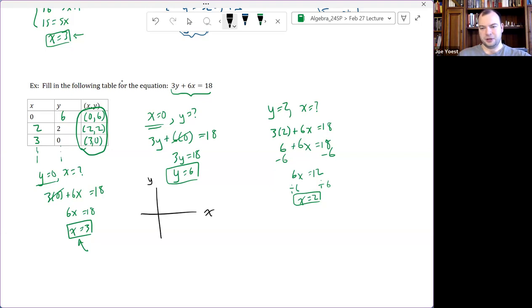Even if it's a fractional solution on the axis, that's pretty easy to find. So for instance, 3, 0, one of my solutions here, is pretty easy to plot. Or 0, 6 is also pretty easy to plot. 2, 2 isn't too bad.